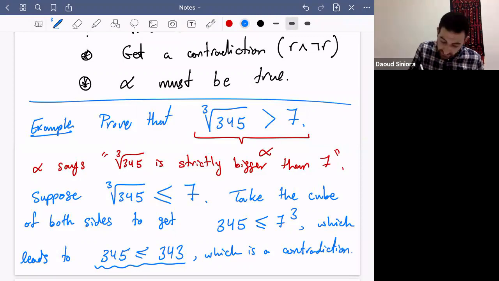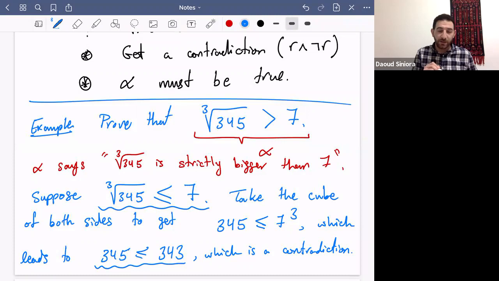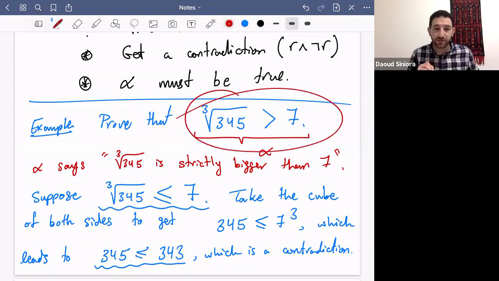Okay, this means that this assumption can't happen. This is false, and this means that the cubic root of 345 is not less than or equal to 7. It is what we want. It is strictly bigger than 7. Okay, so this is an easy application of a proof by contradiction to prove that the cubic root of 345 is strictly bigger than 7.